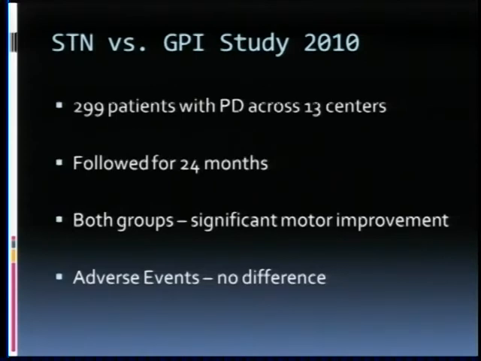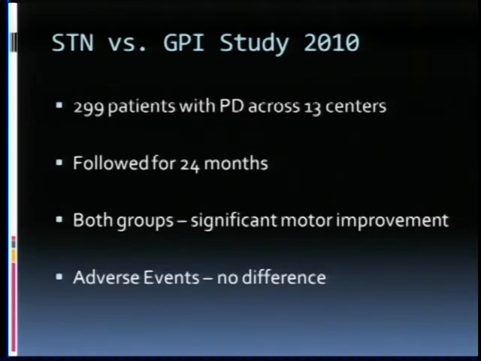What's going to tell us as a clinician when we should implant one nucleus versus the other? How are we going to better know what to do for our patients? And unfortunately, or fortunately, whatever way you look at it, the study didn't provide a whole lot of information or difference between the two sites.